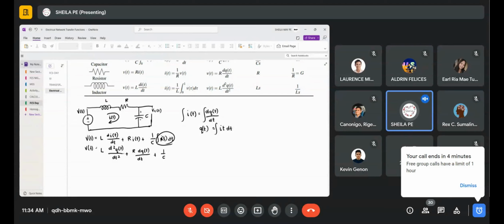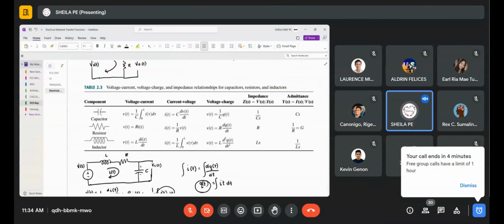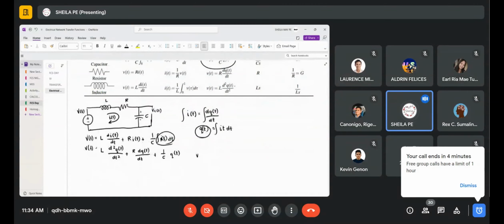So basically, this integral of i(t) dt is just equal to our Q(t). So they are all in charge now, right? Now remember, our aim: V of T equals 1 over C Q of T. We need to find Q of T, so we will get all of these in terms of Q of T.